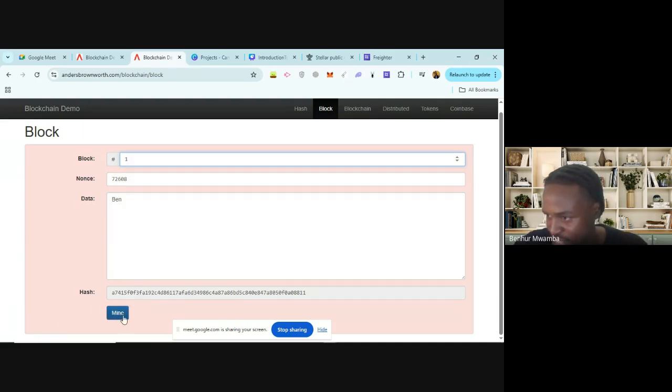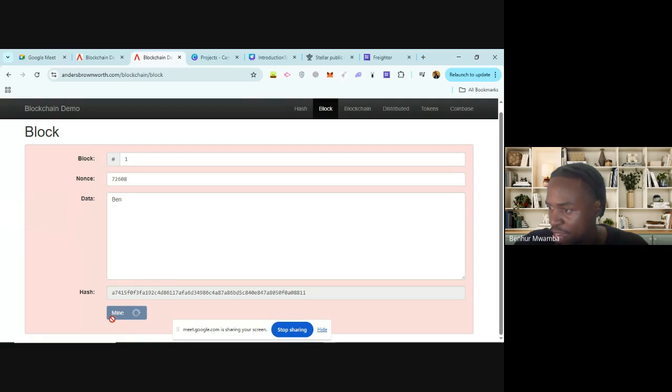You see here, there's mine. If I click mine, something is going to happen. So this is basically how blockchain mining works.